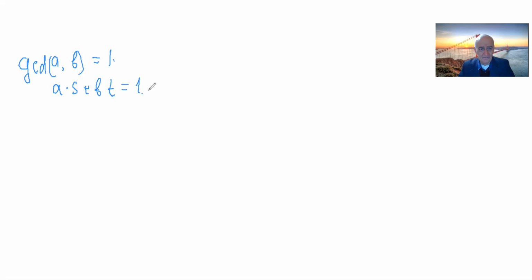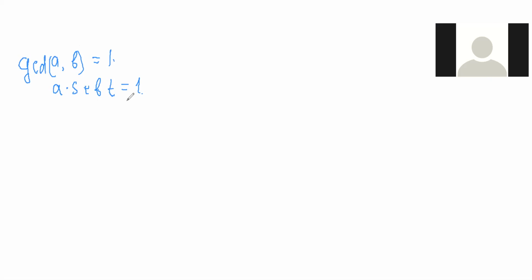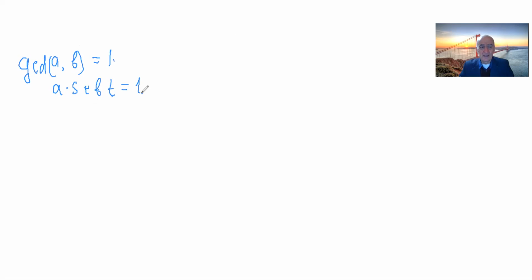It's true, because we can represent the greatest common divisor as a linear combination of A and B. Since they are relatively prime, the greatest common divisor is 1, and we can always represent 1 as a linear combination of relatively prime numbers. Let me recall that S and T are integers, positive or negative.